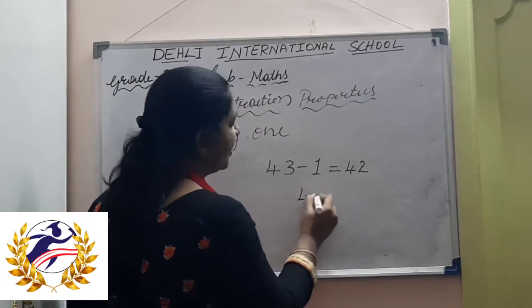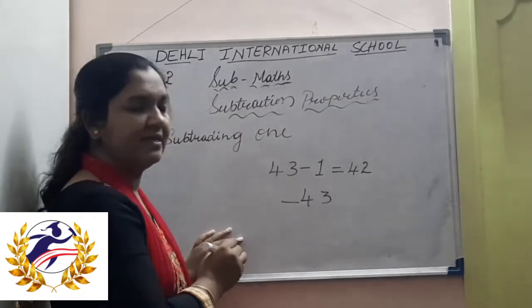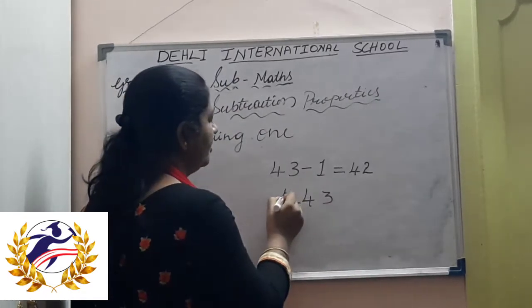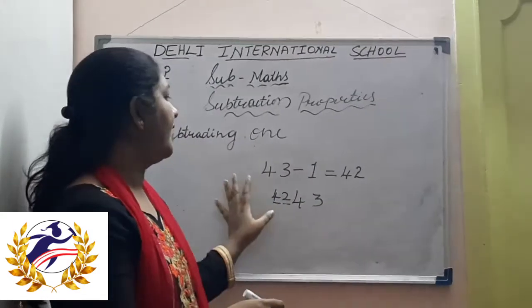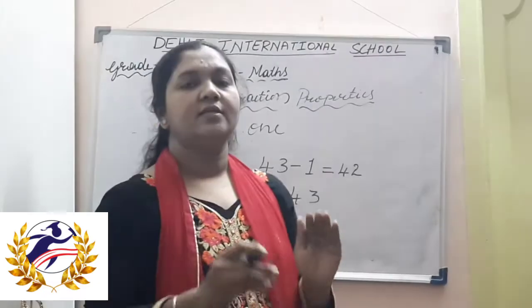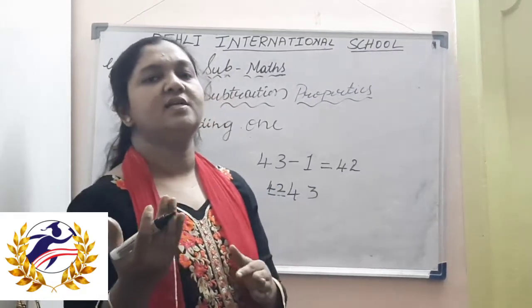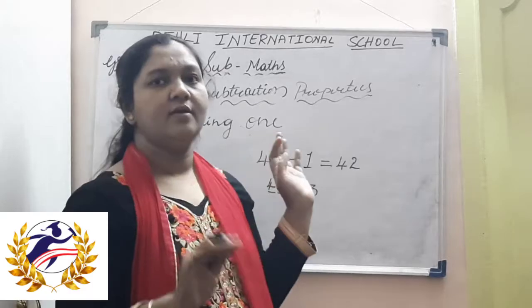What is the number before 43? That is 42. The number before 43 is 42. Like this, if we subtract 1 from a number, the answer is the number just before the given number.